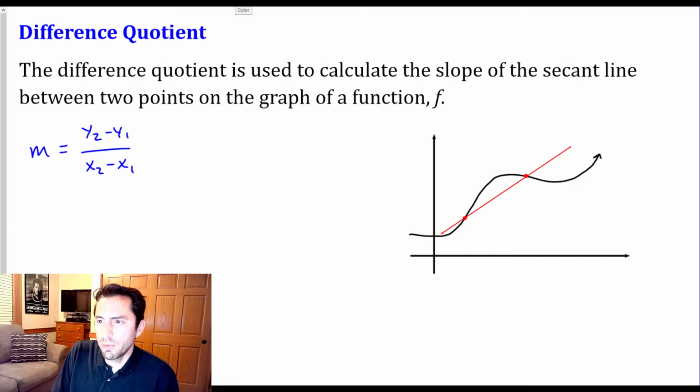So for this first one, let's say that this has an x value. We don't know what this is. We want to keep it general. So let's just say that this is x. Now that means the y value, because our function is named f, this y value is f of x. So this point is x and f of x.